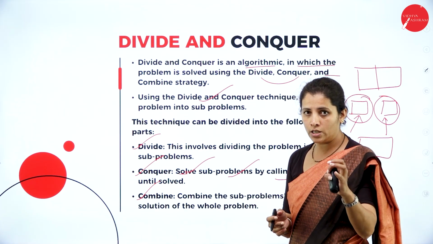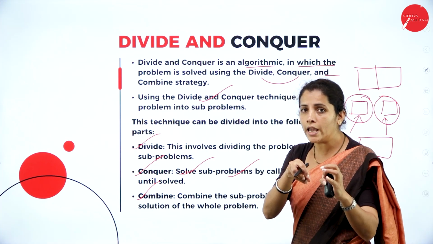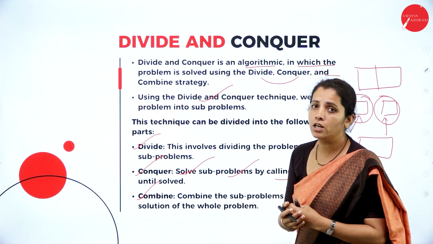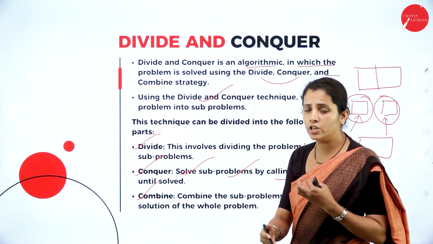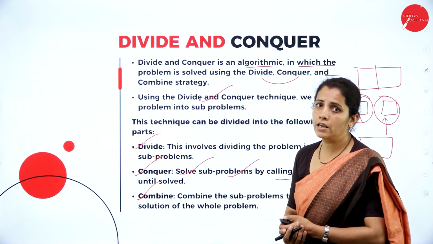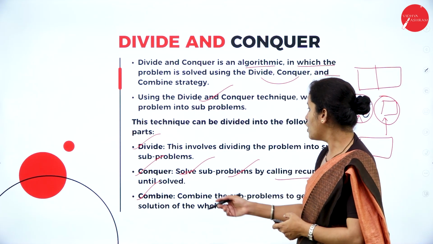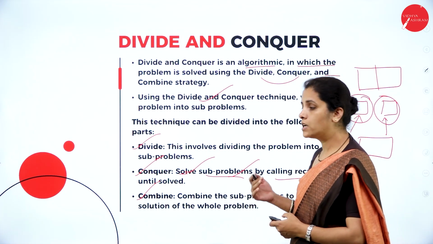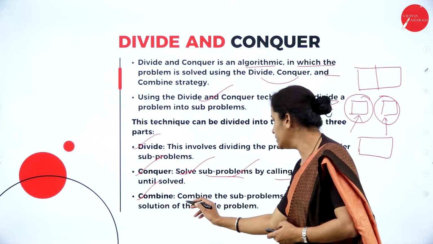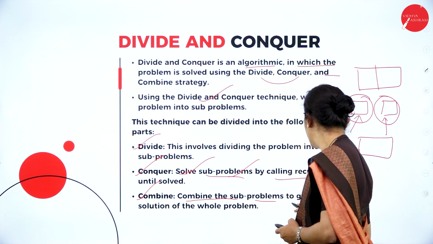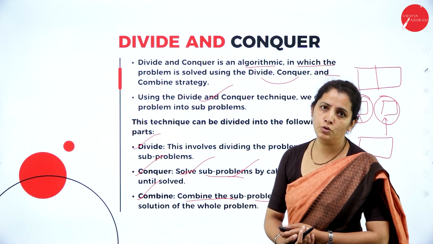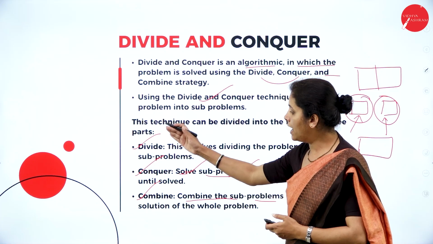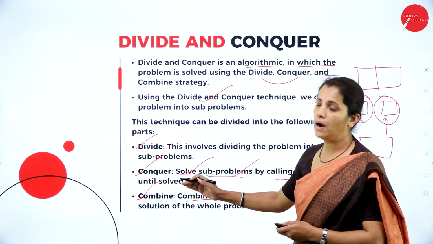In one function, if I call the same function again, then it is called recursive. So calling the same function again and again until the given condition is true. So conquer, solve the sub-problem by calling a recursive function. Then combine the sub-problems to get the final solution. So it is divide, conquer and combine.